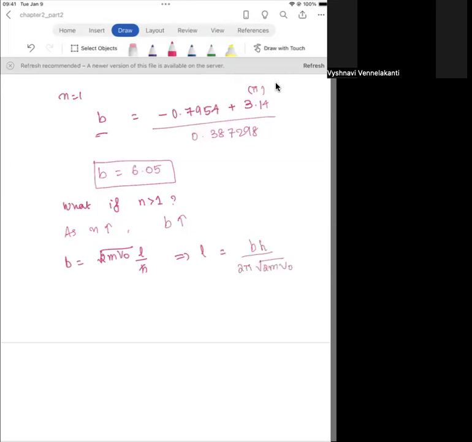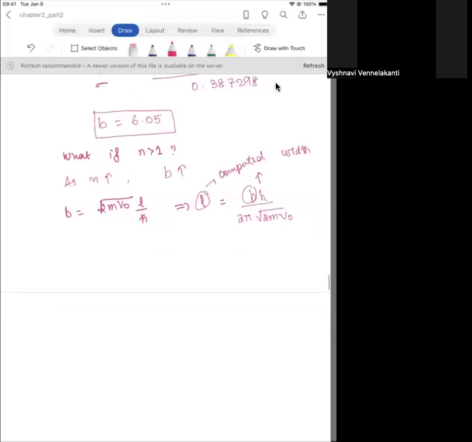If the value of b keeps on increasing, the computed width of the rectangular well is also going to be higher. As the width of the well gets higher, you're going to have more and more bound levels.